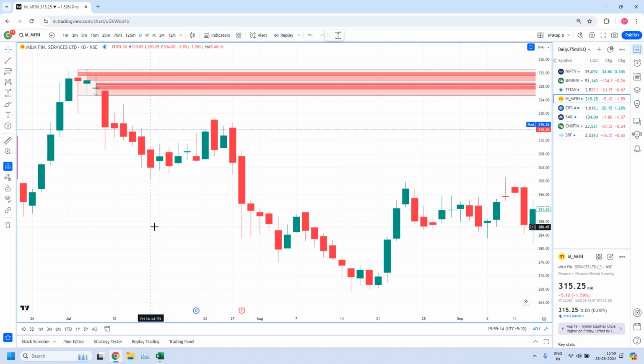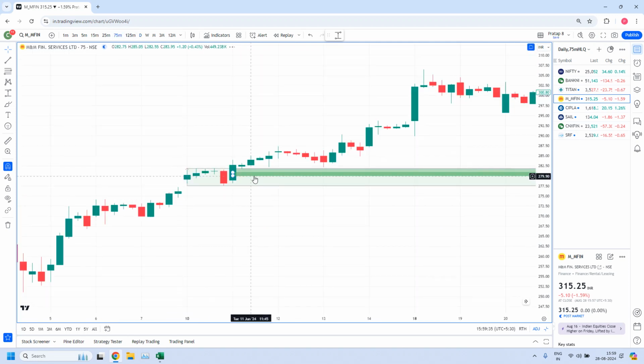Because in the 5 minutes time frame, you have zone high and zone low. You have type 1 zone high, zone low. You have type 2 zone high and zone low. They are all available, so that you can draw. But how did I fine-tune this daily zone? First fine-tuned with the 75 minutes time frame.